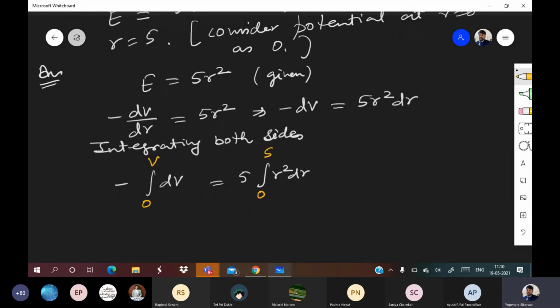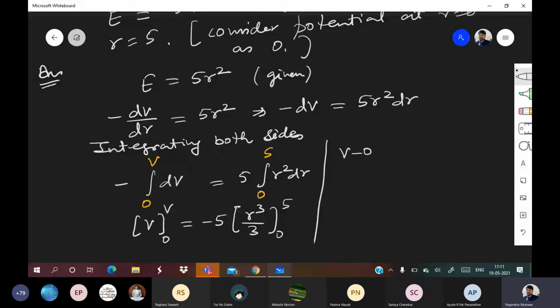So when you integrate this, integration dV will be V is equal to minus 5, and integration r square dr will be r cube by 3, and limit is from 0 to 5, and this limit is from 0 to V. So V minus 0 is equal to minus 5 by 3, and limit will be 5 cube minus 0 cube. So 5 cube is 5 into 5 into 5 is 125. So V comes out to be minus 625 by 3 volt.